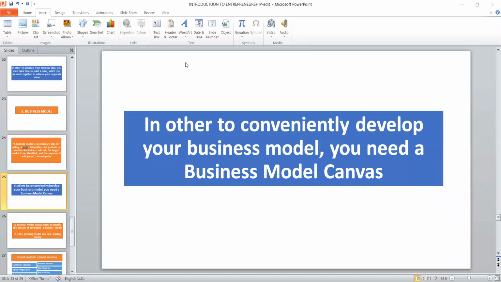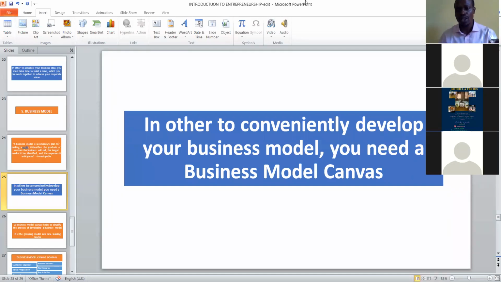This business model canvas is key, because it helps you to explain your business model on a single sheet of paper.